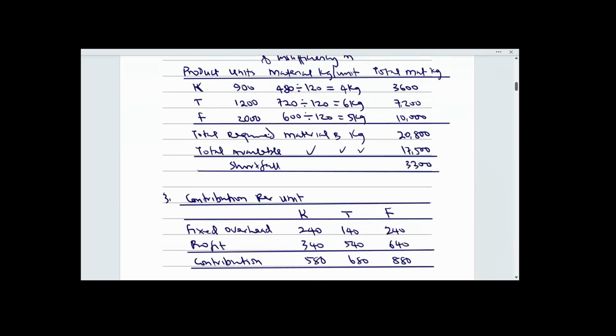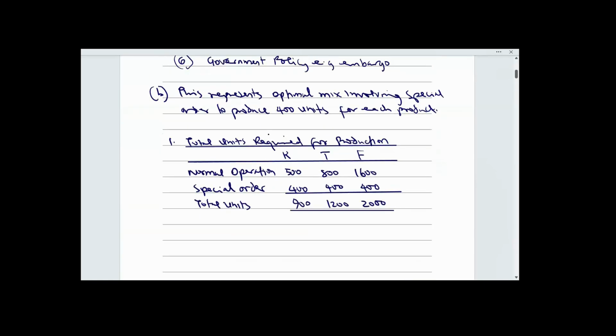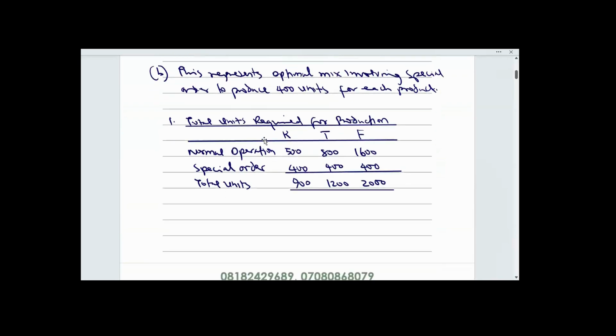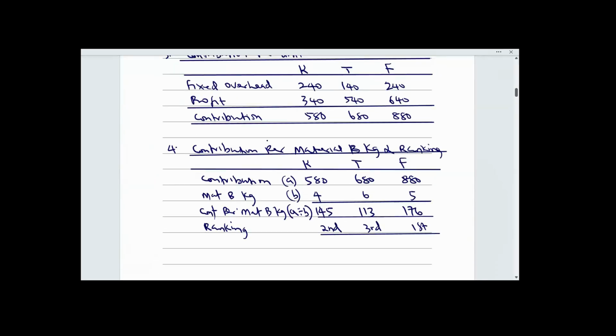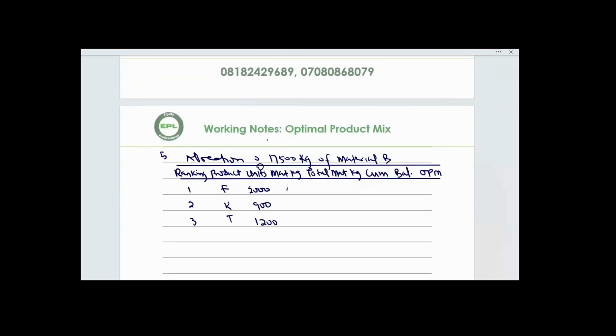Then the units required for F, based on our first step, units required for F is 2,000, 900 for K, then 1,200 for T. Material per kilogram is 5, 4 and 6.